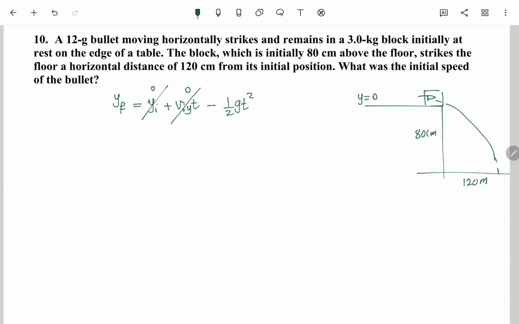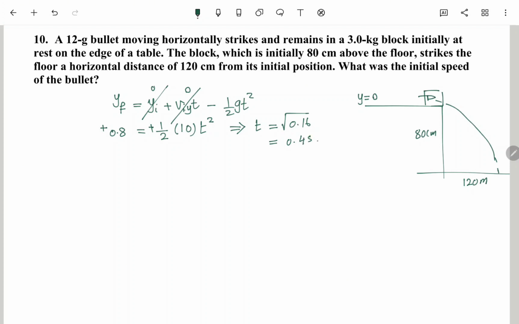So y final is 0.8 equal to half g, which is 10, times t squared, and don't forget the minus here, and y final is actually minus 0.8 because it's below the reference point. So minus with minus is just a plus, and from this we can calculate the time t, which equals the square root of 0.16, or in other words 0.4 seconds.